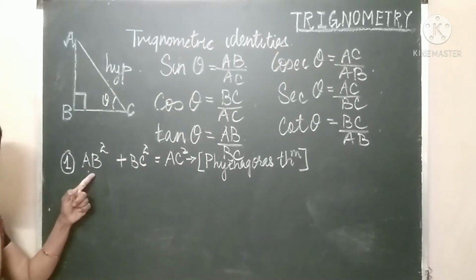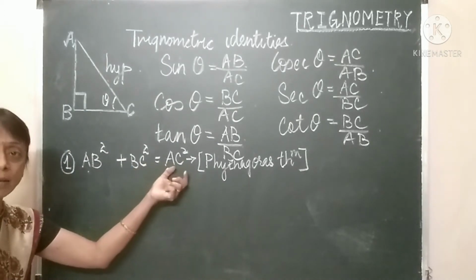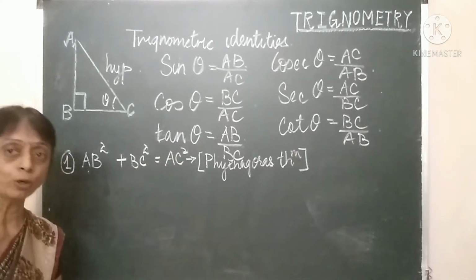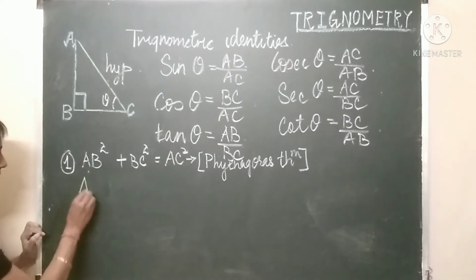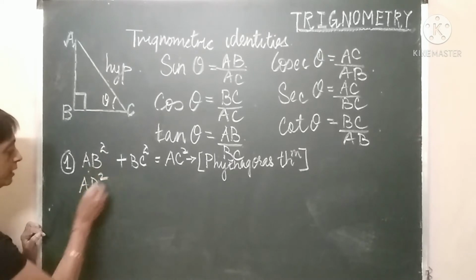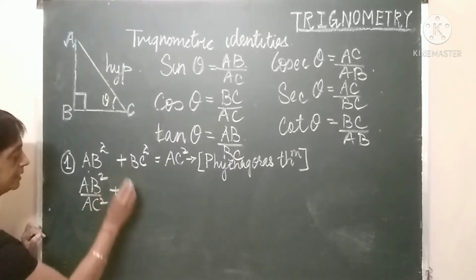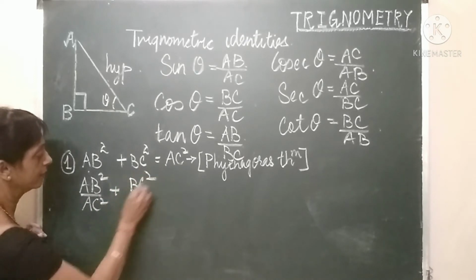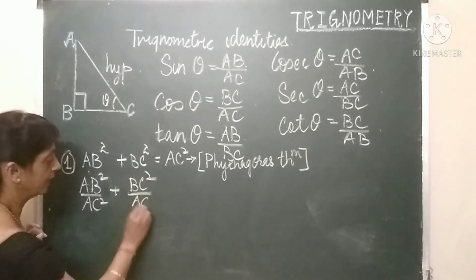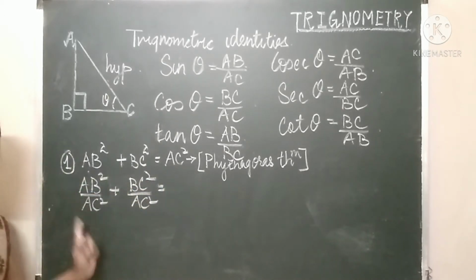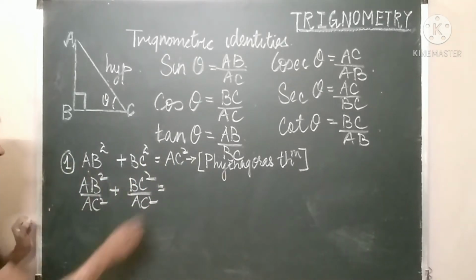Let's divide the whole equation by the hypotenuse square, that is by AC square, and let's see what we get. So AB square, each term, children, we are dividing by AC square, plus BC square upon again AC square. Whatever you do on the left hand side should also be done on the right hand side.